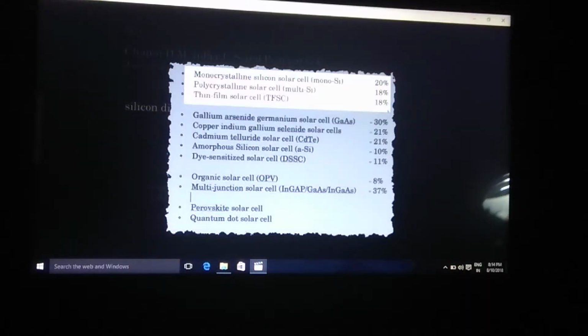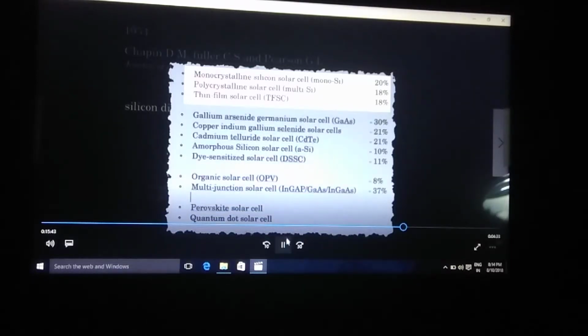If you see the top three, these are the mainstays: the monocrystalline, polycrystalline, and thin film silicon solar cells. You see that the monocrystalline silicon solar cell has an efficiency of 20% today. They are the most efficient. Polycrystalline solar cells reach about 18%. So also the thin film solar cells.